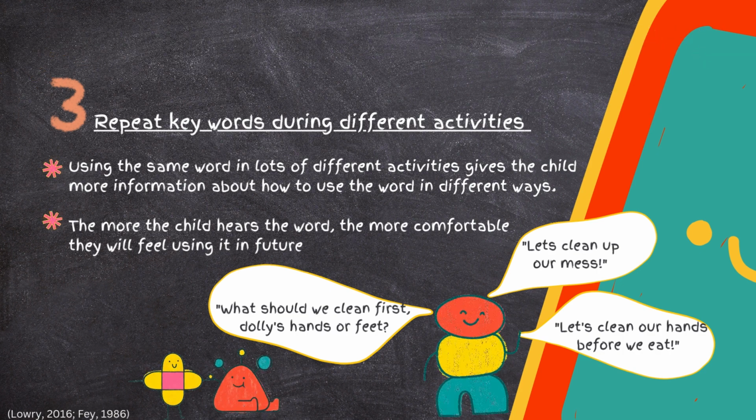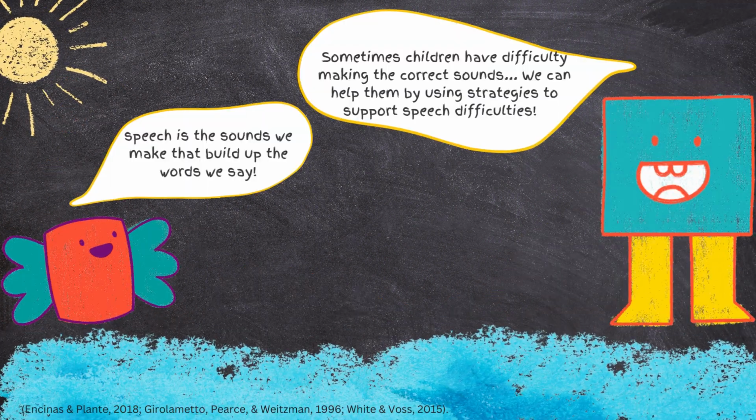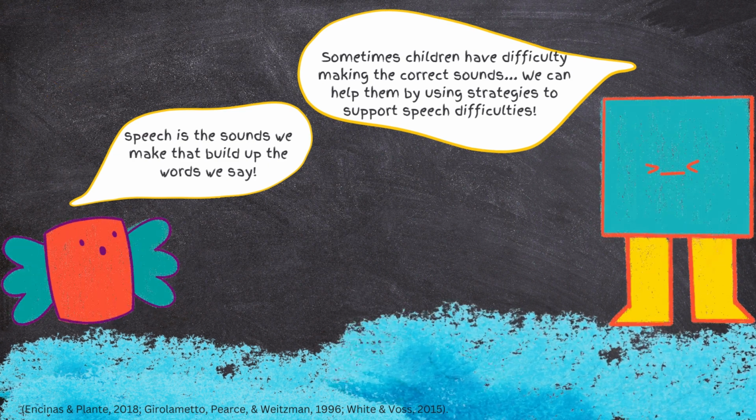Okay, so we've talked about some language strategies. Now let's get to speech strategies. A little reminder, speech is defined as the sounds that we make that build up the words that we say. Some children have difficulty in making the correct sounds to build up a word. Something that you can do to support this in an early childhood setting is called auditory bombardment.